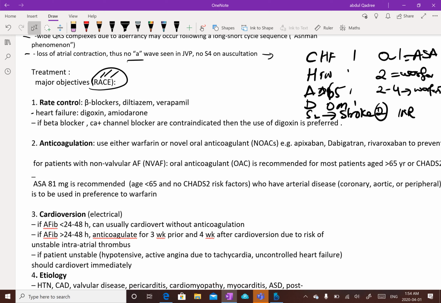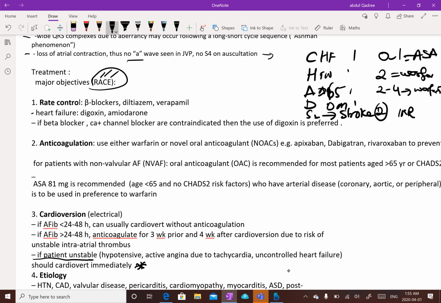Of course, if the patient is unstable hemodynamically, for example hypotensive, active angina due to tachycardia, or uncontrolled heart failure, they should be cardioverted immediately. Remember, ladies and gentlemen, if you have any patient that is unstable, the first thing you do is cardiovert these patients and treat them well enough to come back to normal sinus rhythm.